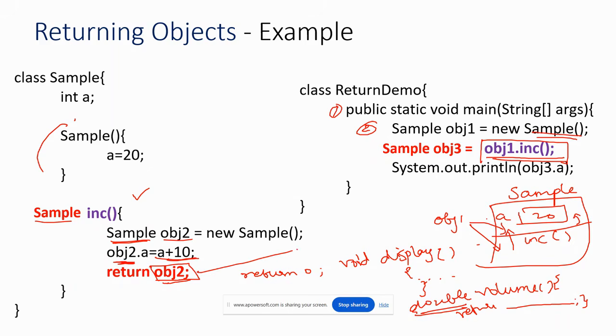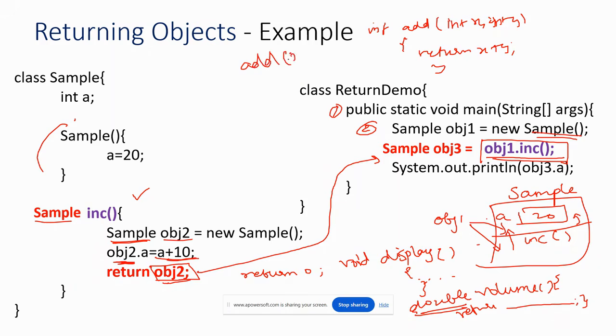So on returning, the value will be given to the caller, and I am storing it in a variable. So if you write int add of int x comma int y, it will return the value, right? So return x plus y. While calling the function, you have to store it in some variable, then only you can print the result, correct?